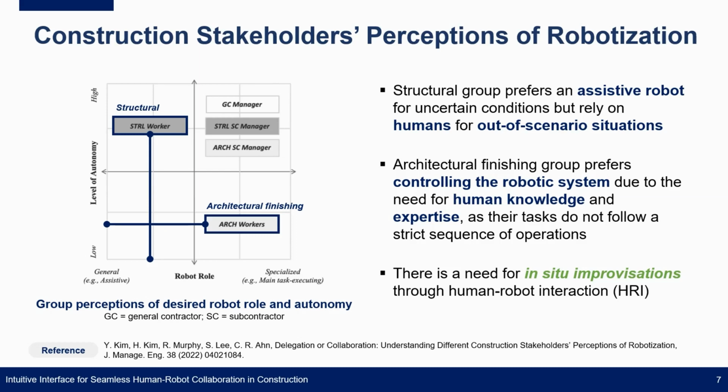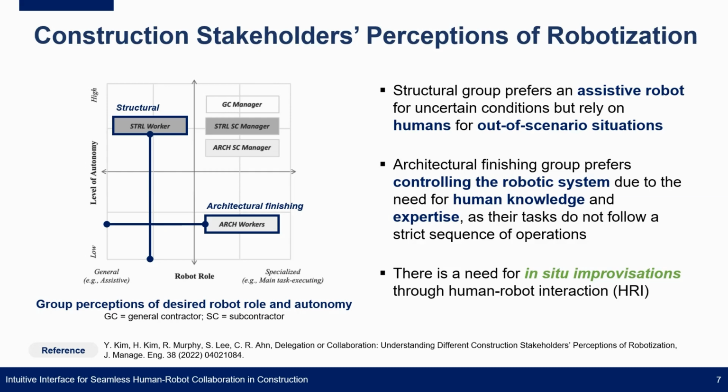So the key point here is that, based on our interviews, these are the site workers who are expected to work with the robots in the future. They believe that the robots cannot completely replace them.